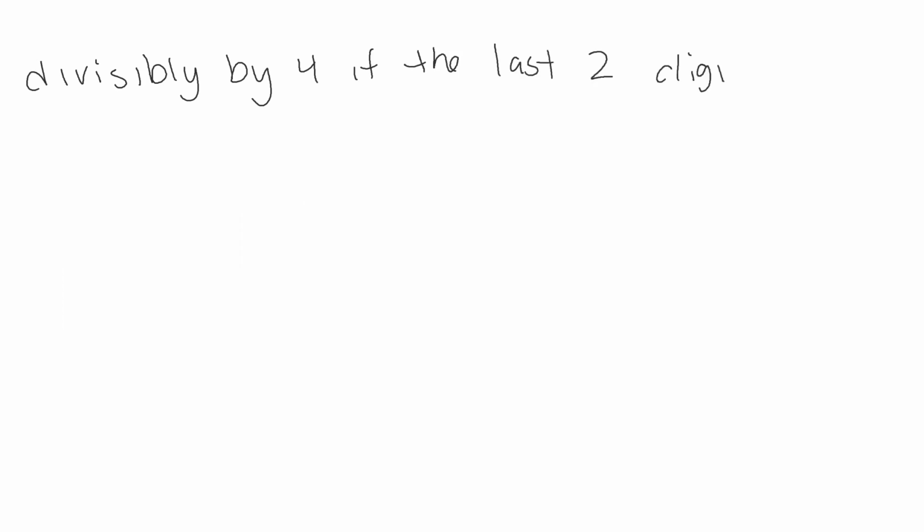So a couple more divisibility rules. A number is divisible by 4 if the last two digits are divisible by 4.